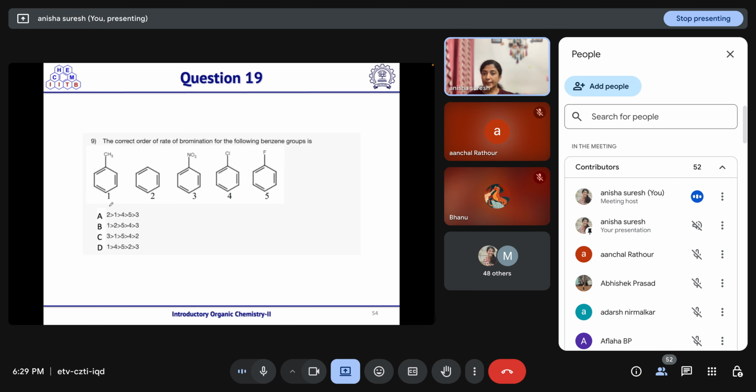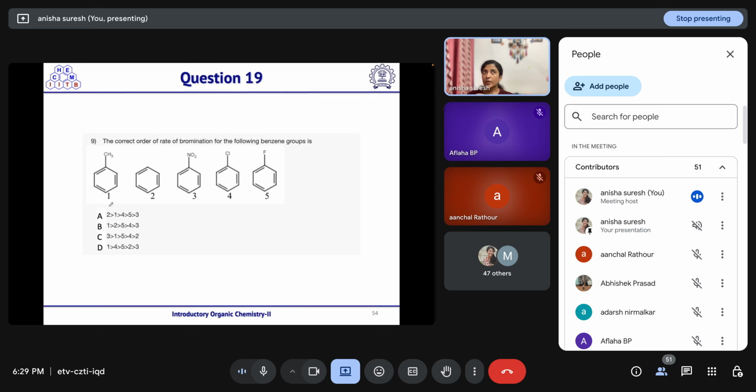Now coming to question number 19. The correct order of rate of bromination for the following benzene groups is. Just a clue: for an electrophilic aromatic substitution reaction to take place, the benzene ring should be electron rich, then the reaction will take place at a faster rate.